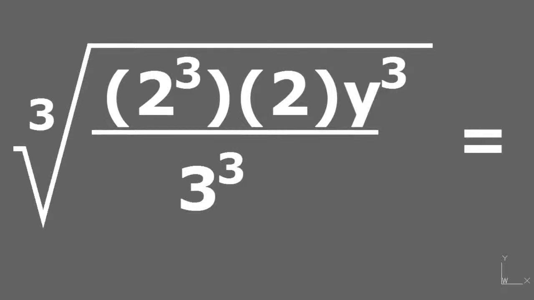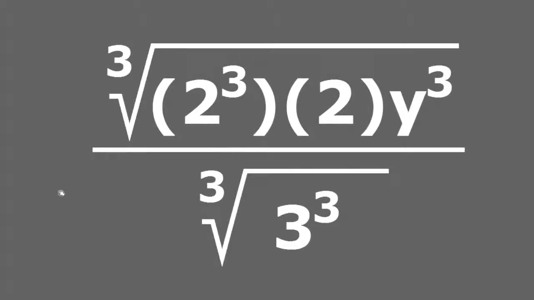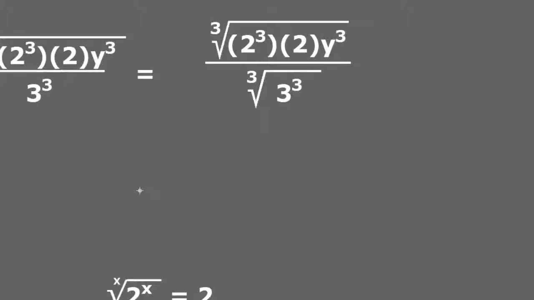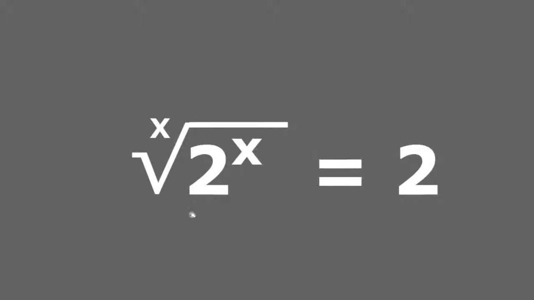First, everything was under the same root. Now, the root applies individually to the numerator and the denominator. Both of these expressions are equal. That is just a property of the roots. And now that I have that, I can proceed to simplify.